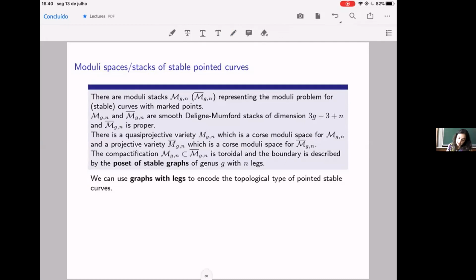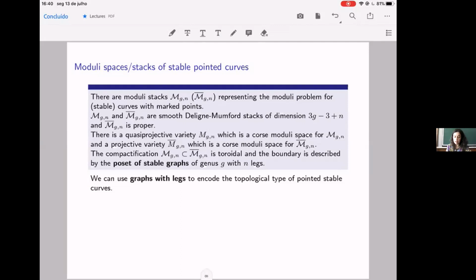And they have coarse moduli spaces, which will be this M_{g,n} space, a quasi-projective variety, which is a coarse moduli space for the moduli stack of smooth curves. And there is a coarse moduli space, which is a projective variety, for the moduli stack of stable curves with marked points.